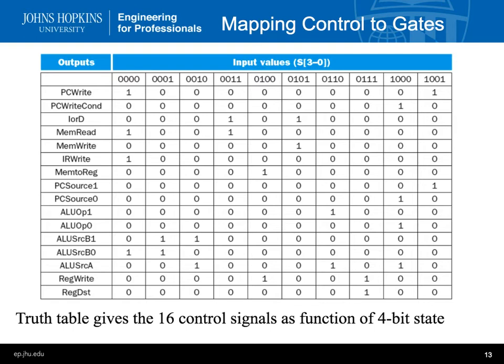Okay, so the control signals are 16 bits. And so really, we're going to talk about micro instructions that can be either 20 bits or 18 bits. And 16 bits of those micro instructions are these control signals.